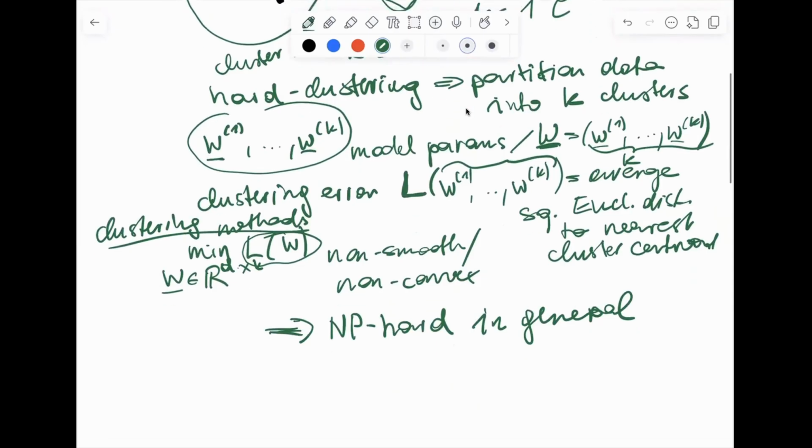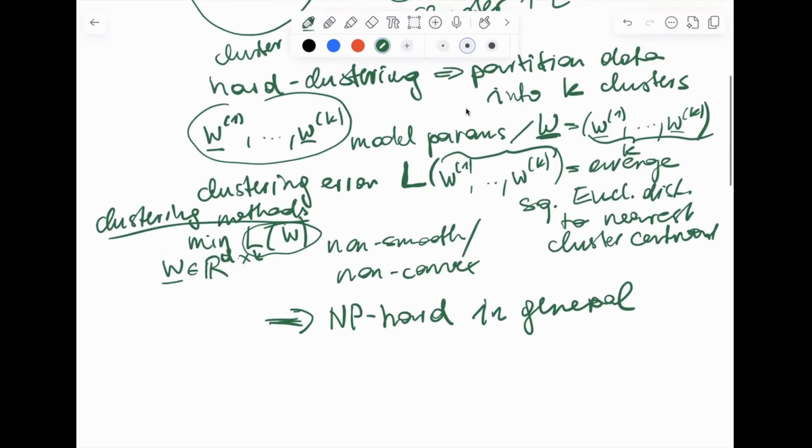In practice, still we do clustering. So we use a simple iterative method, which is known as Lloyd's algorithm.